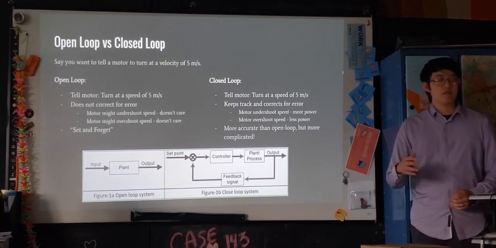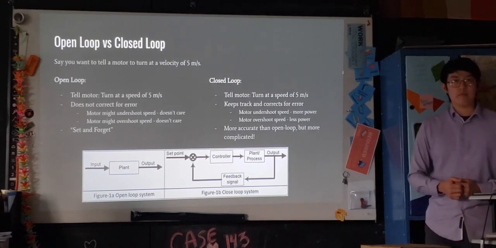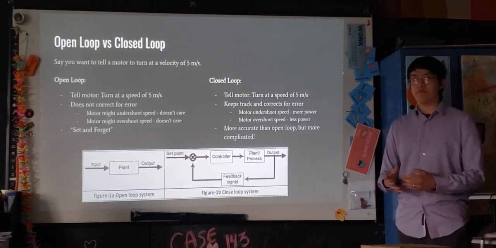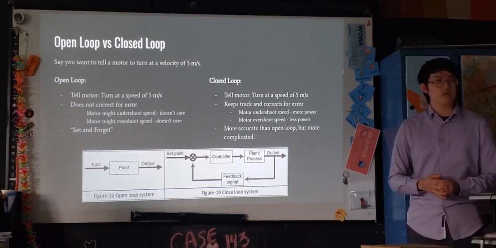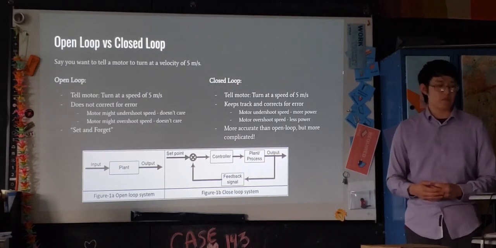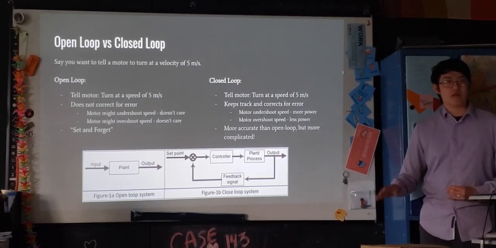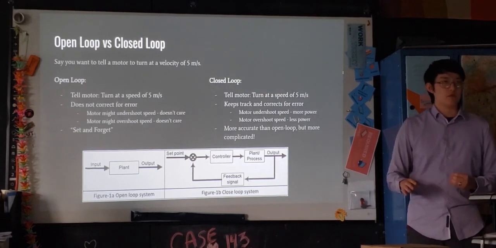So if the motor is feeling a little weak and undershooting the speed, I'm going to tell the motor to amp it up, put some more effort in, because it needs to compensate for the lack of speed. And if it's overshooting a speed, then I'm going to tell it to tone it down a bit, lower the speed, to put less power.